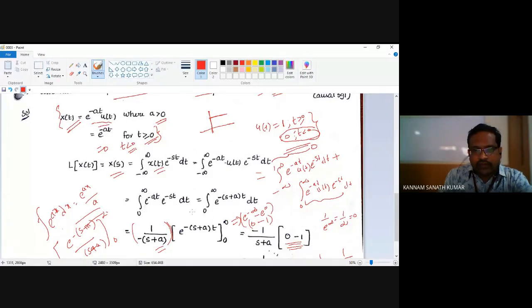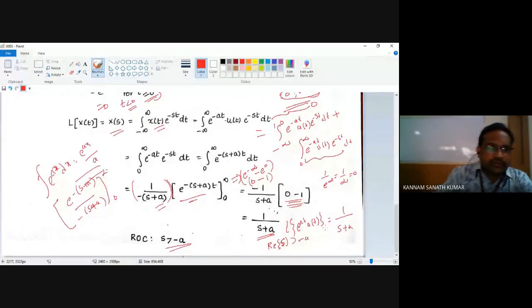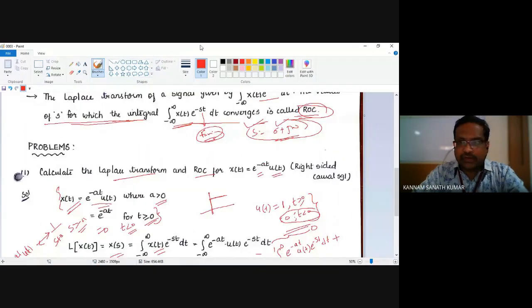You apply a simple definite integral, and you get that the Laplace transform of e^(-at) u(t) is 1 by (s+a), with the ROC being s greater than minus a. That is about the Laplace transform of the basic signal.